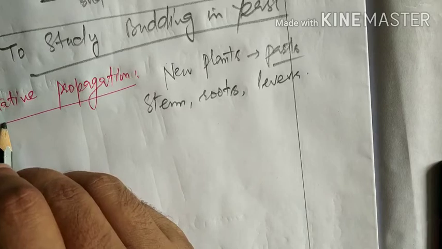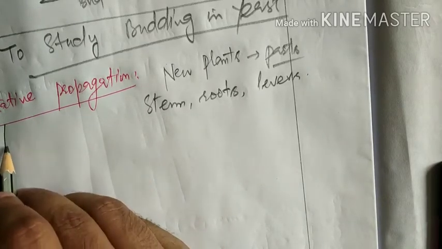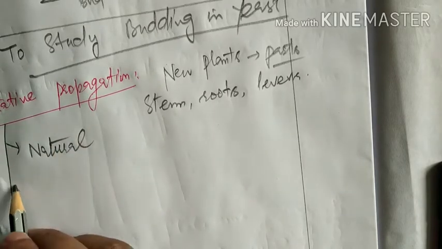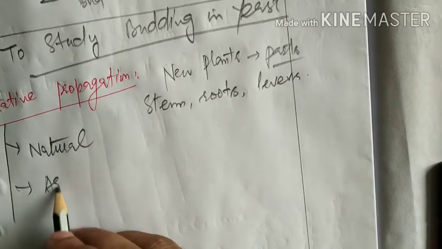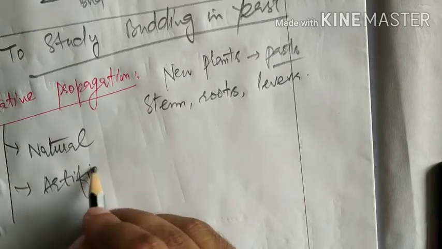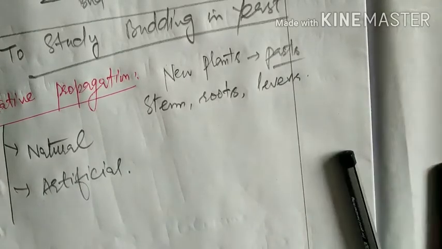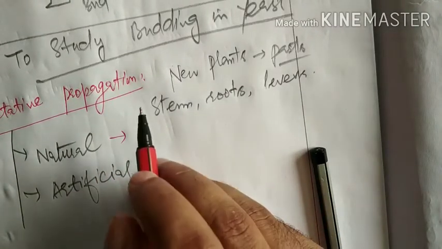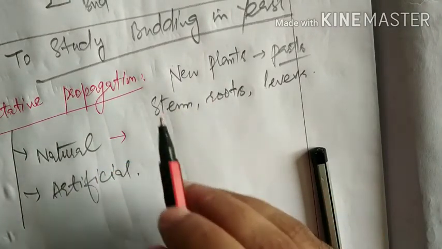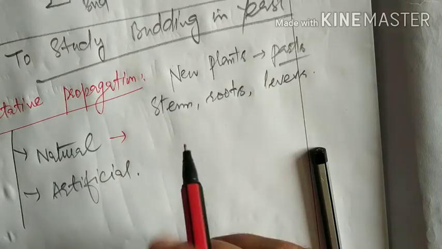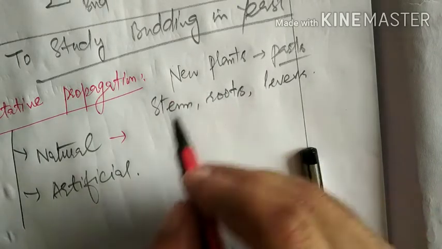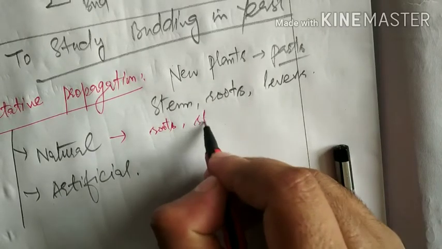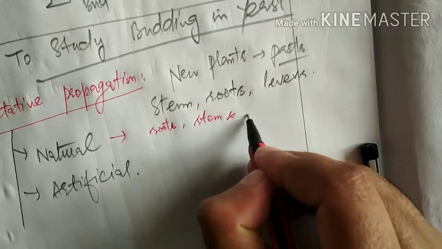For example, we have natural and we have artificial. Natural here means a mode of propagation where various structures, the parts of the plant, take part, for example roots, stem, and leaves.